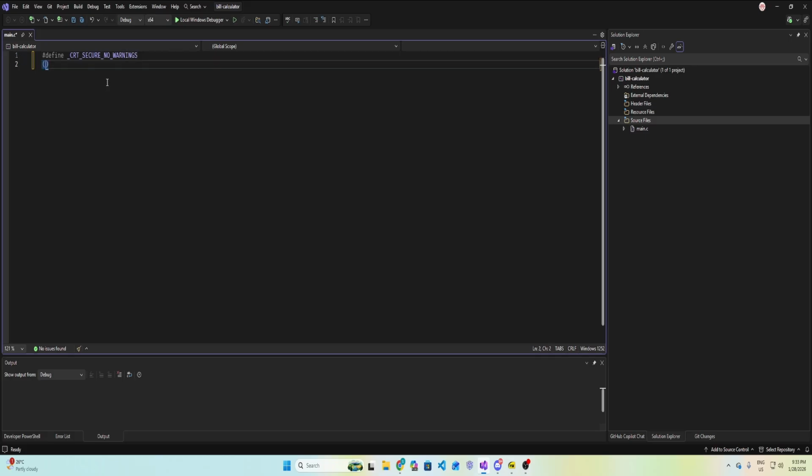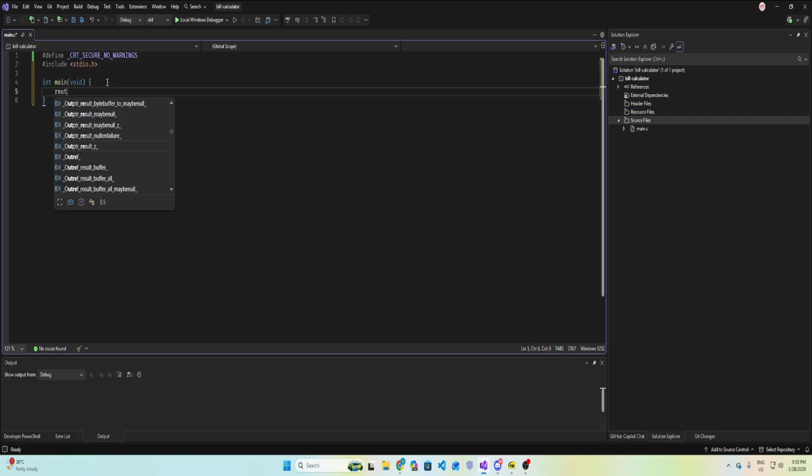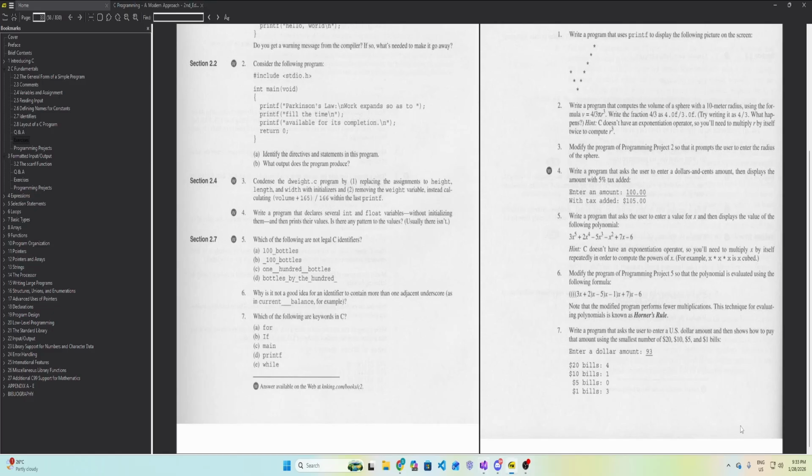Let's not make a mistake again. Include. Okay, write a program that asks the user to enter a US dollar amount and then shows how to pay that amount using the smallest number of 20, 10, 5, and $1 bills.